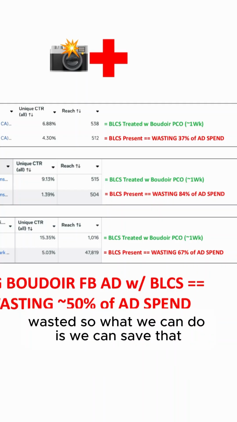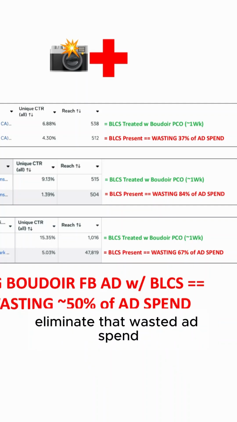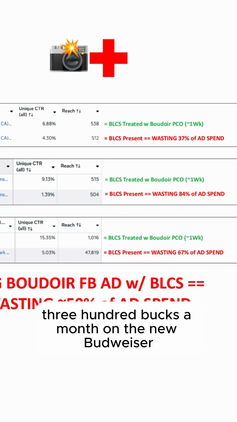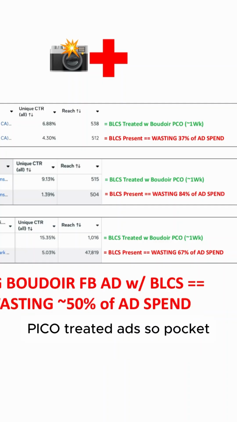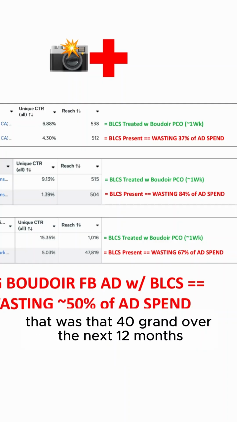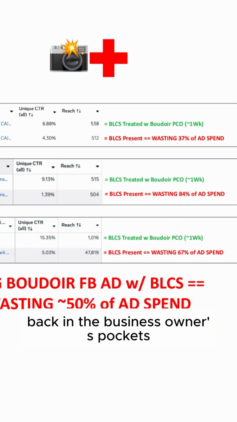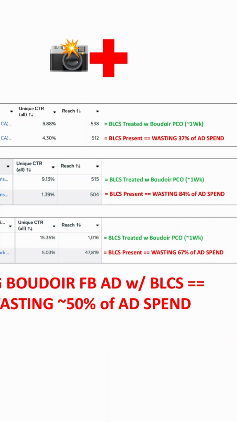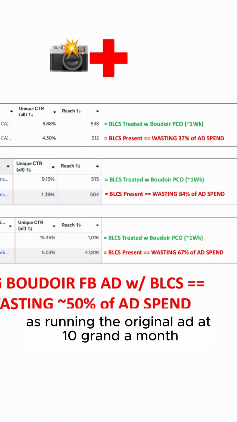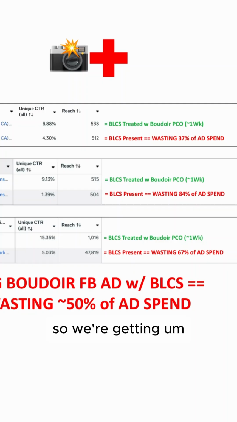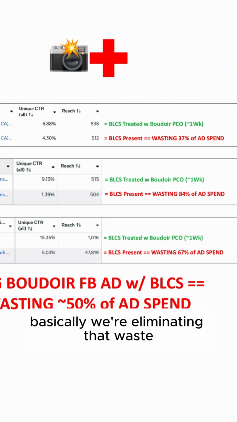So what we can do is eliminate that wasted ad spend and only spend 6,300 bucks a month on the new Boudoir Pico treated ads. So pocket that, what's that, 40 grand over the next 12 months, kind of phantom profit back in the business owner's pockets. And that will get our ad into the same number of women's brains as running the original ad at 10 grand a month. So we're basically eliminating that wasted ad spend, putting it back in our pocket.